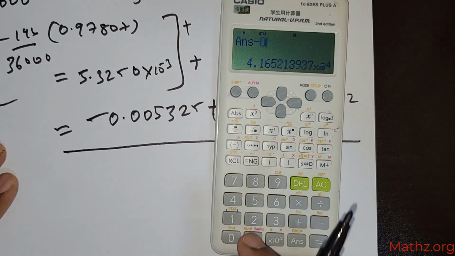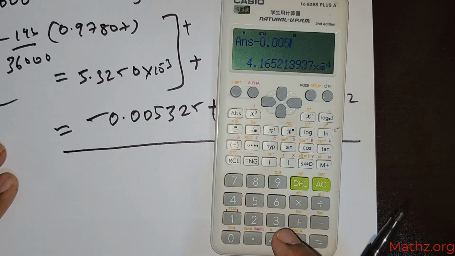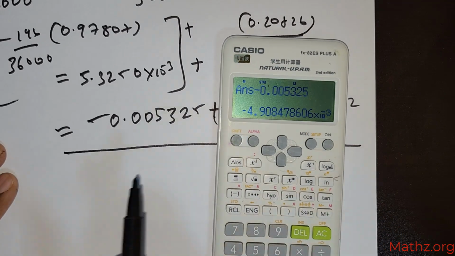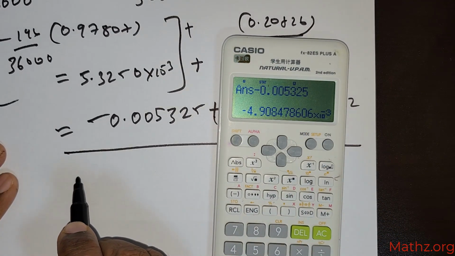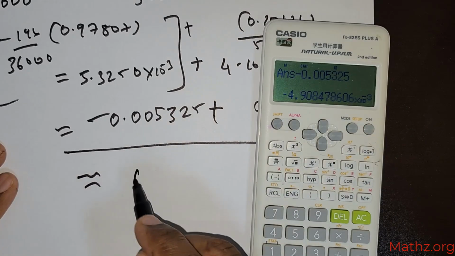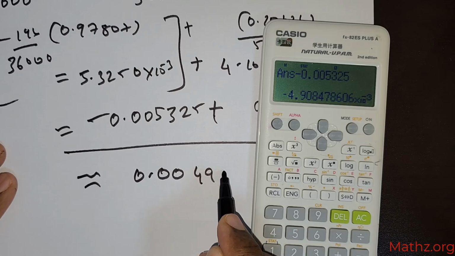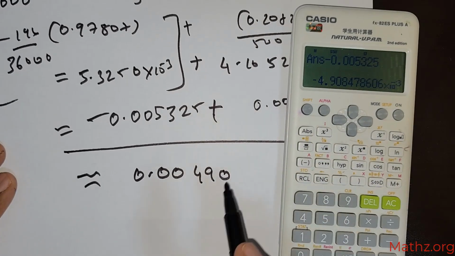I'm going to subtract 0.005325. Okay, so what do I get? I get a value of approximately 0.004908.